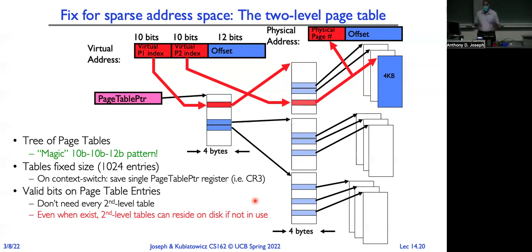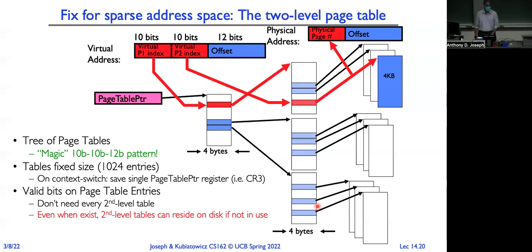So now we only need to map those regions of the virtual address space that are in use. If it's not in use, we don't need a second level table associated with it. For sparse address spaces, this is really good, because we've drastically reduced the number of second level tables that we need.